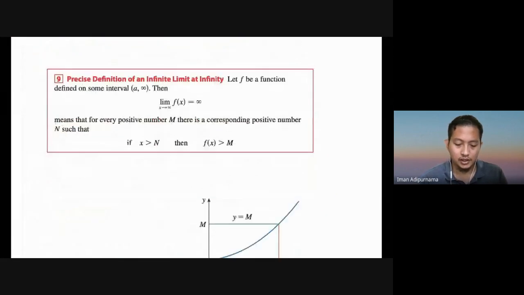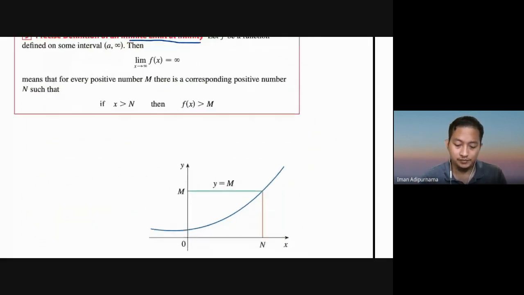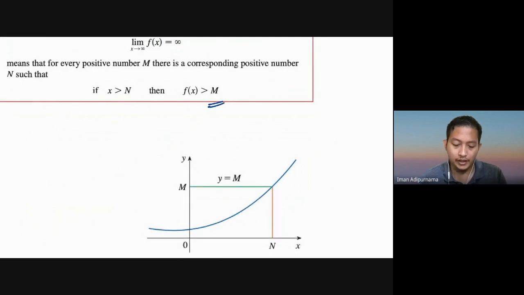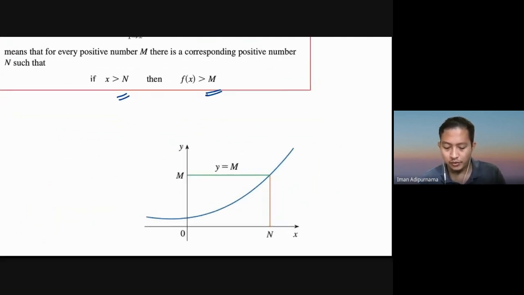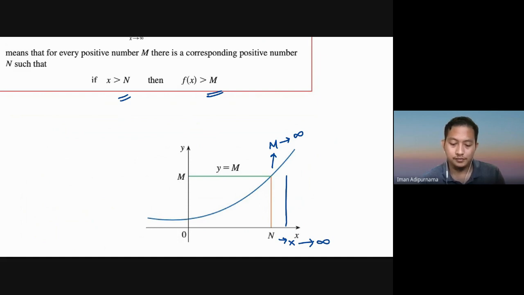And of course, we have infinite limit at infinity, what we have done before. So in precise definition, there will be an m and n. N will be for x. As x is getting larger, getting to infinity, you also have m that is going to be infinity, or to be precise, f of x is also getting to infinity.